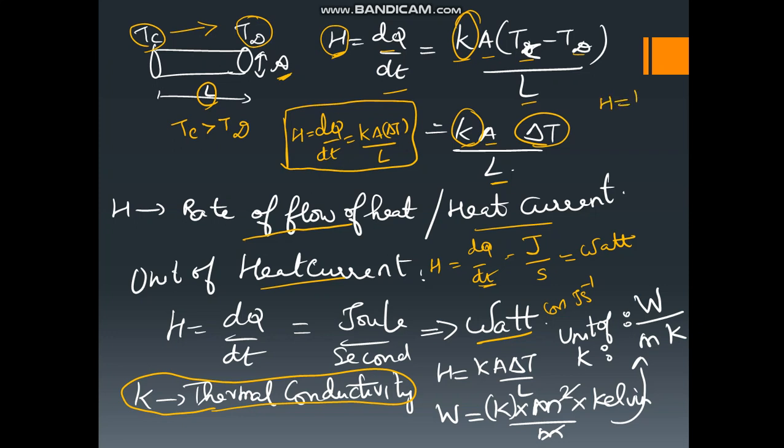H = KA delta T / L. The unit of H is watt; for K we want to find the unit; area unit is meter squared, temperature unit is kelvin, divided by meter. So meter and meter get cancelled. The unit of K comes out to be watt per meter kelvin. This is the unit of thermal conductivity, and it is a previous year NEET question.